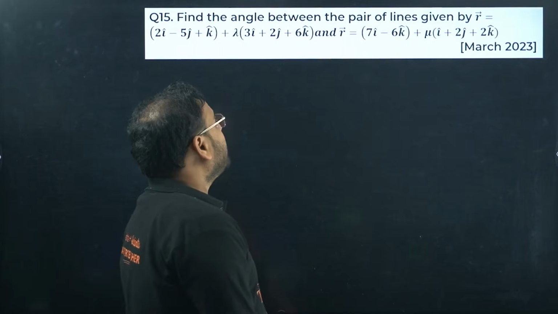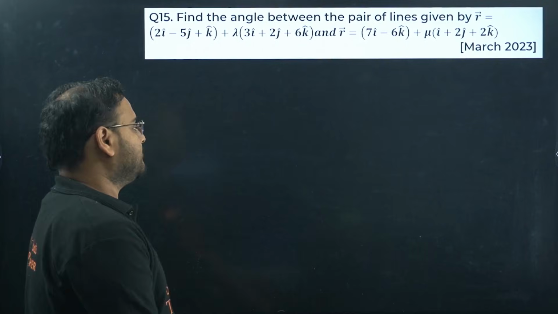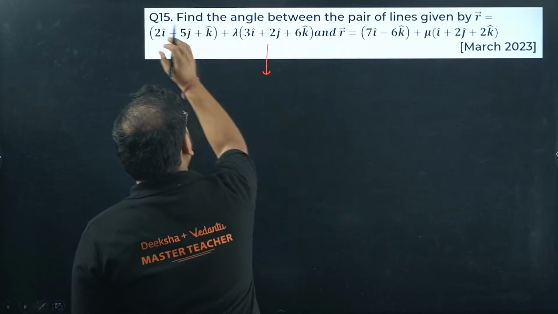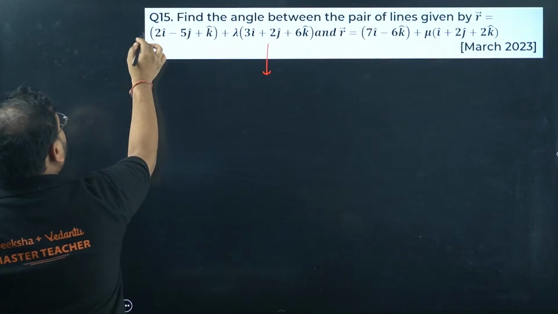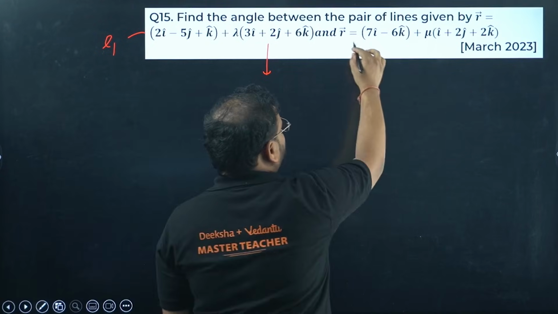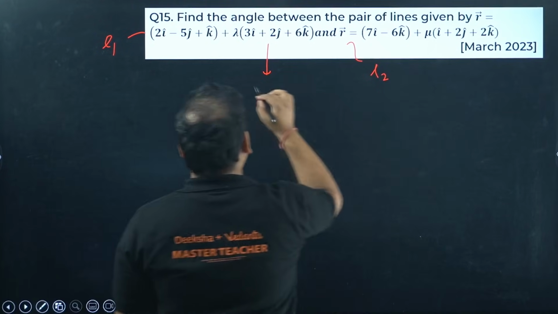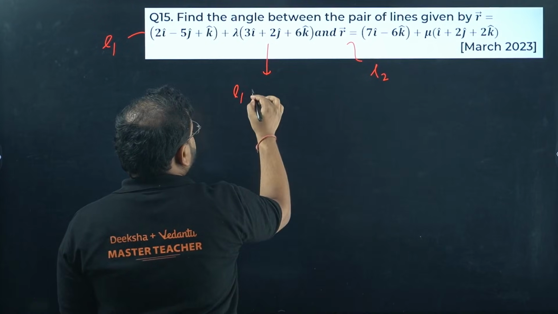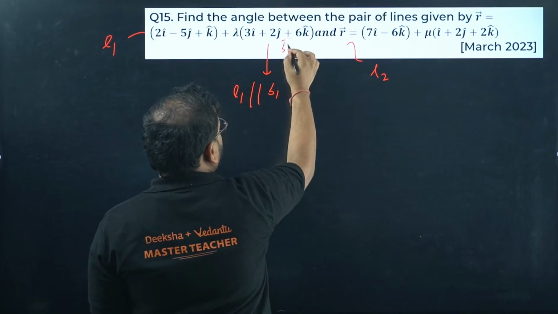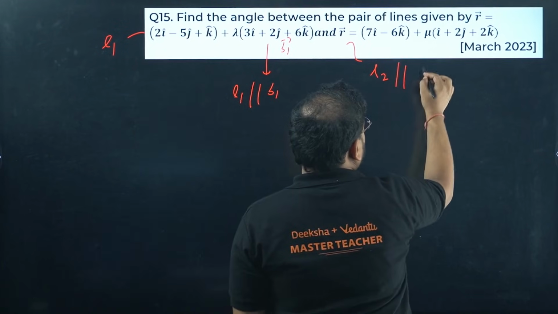Find the angle between the pair of lines given by vector r. Let's say I call this line L1, and this is my line L2. Then line L1 is parallel to vector B1, and L2 is parallel to vector B2.